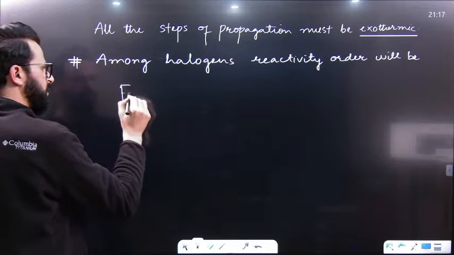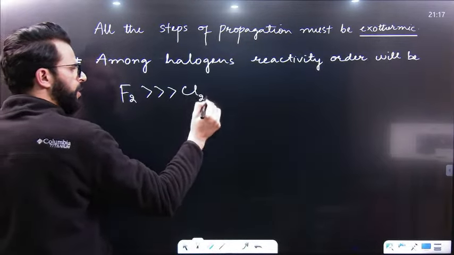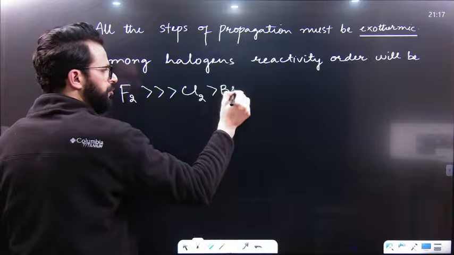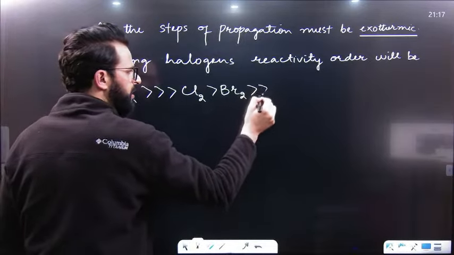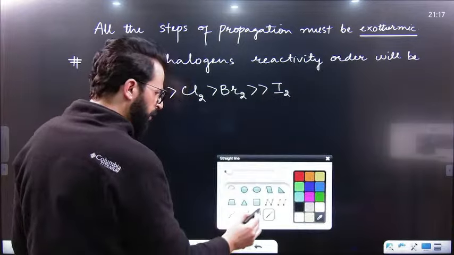Have a look. Fluorine is very reactive as compared to chlorine. Chlorine is very reactive as compared to bromine. And bromine is very reactive as compared to iodine. So this order, you have to remember.